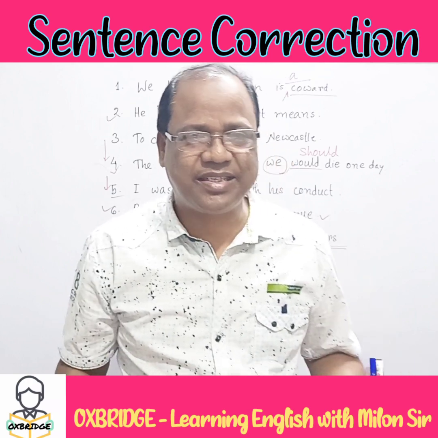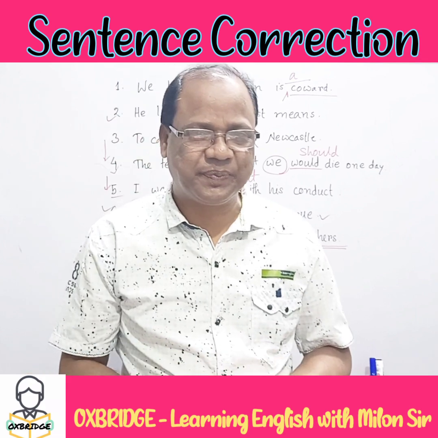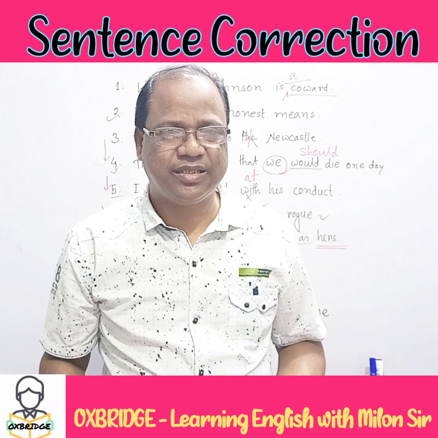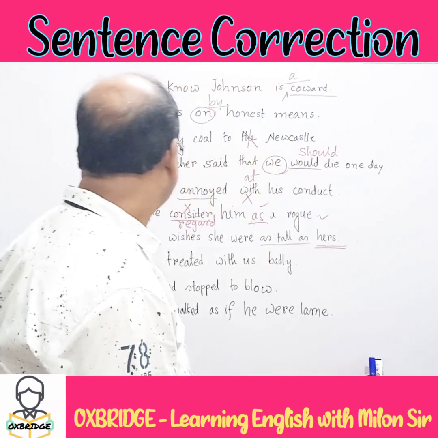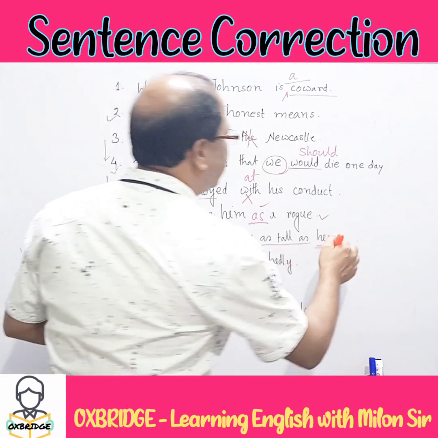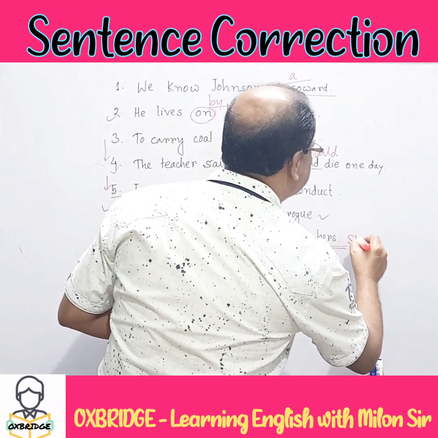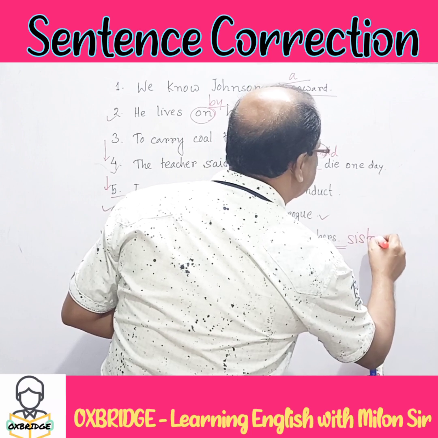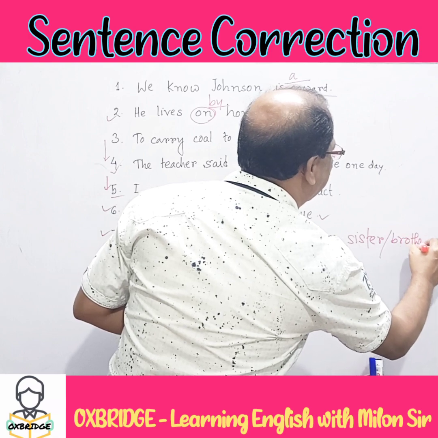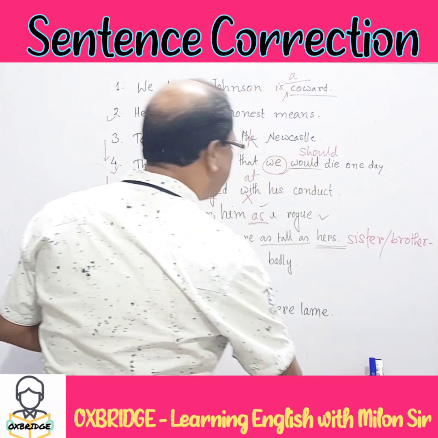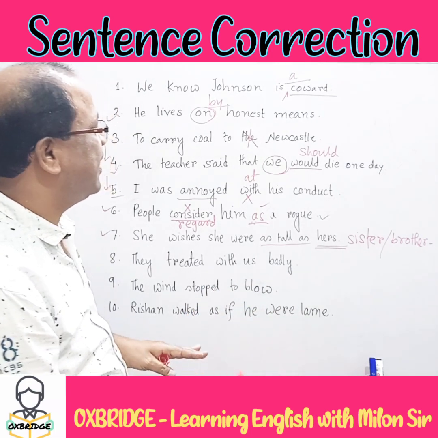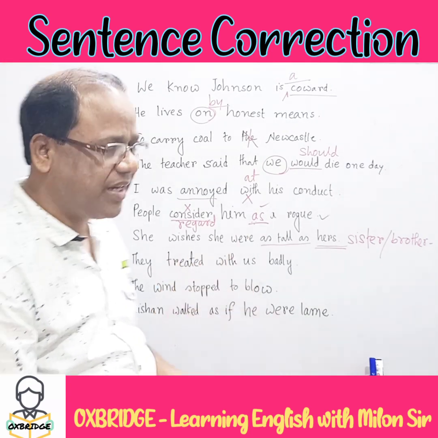But I think that nominative one is more formal in this case. So she wishes she were as tall as her sisters or brother or cousin. We can write she wishes she were as tall as her sister, brother or cousin.